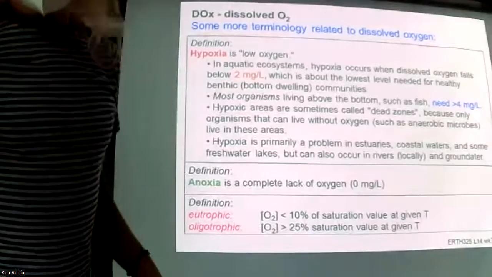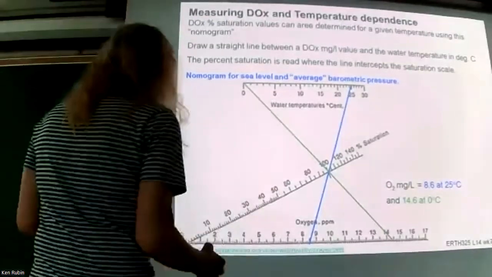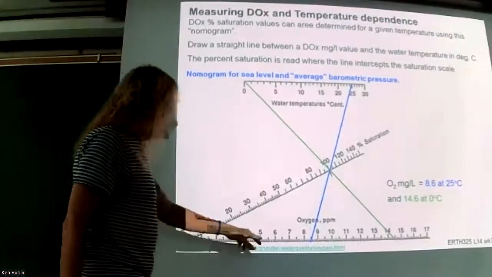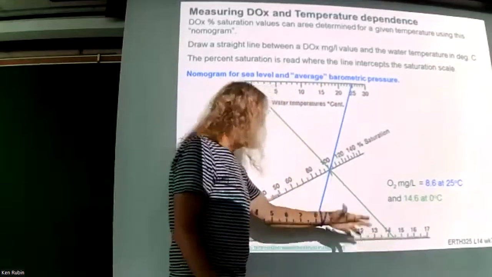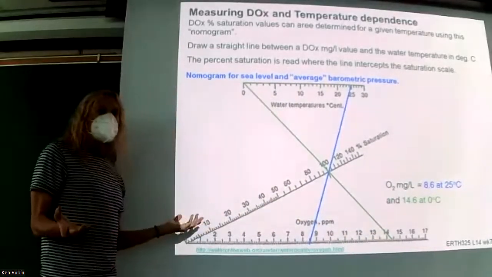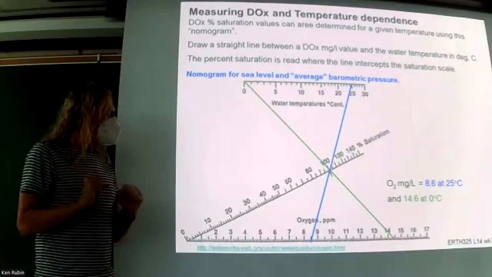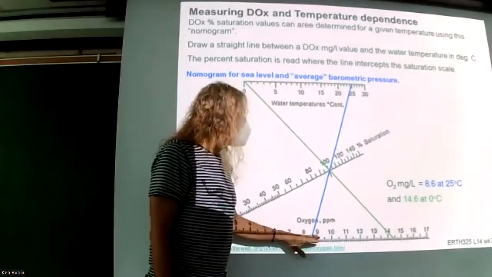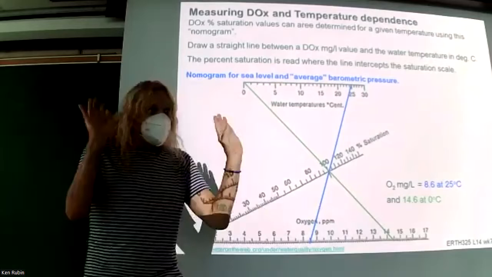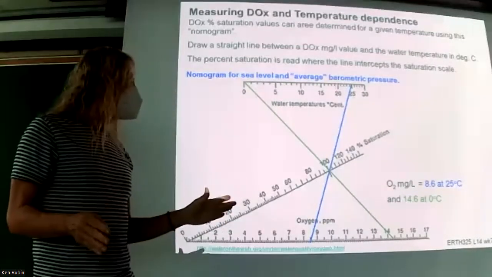If you go back over here to this diagram, you say, well, what is 10% of 8.6? It is 0.86. 10% of 14.46 is 1.46. So at the boundary of the definition of eutrophic, the concentration is going to be different, right? Whereas 2 milligrams per liter is always 2 milligrams per liter.